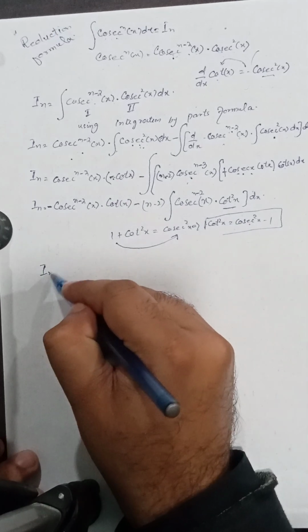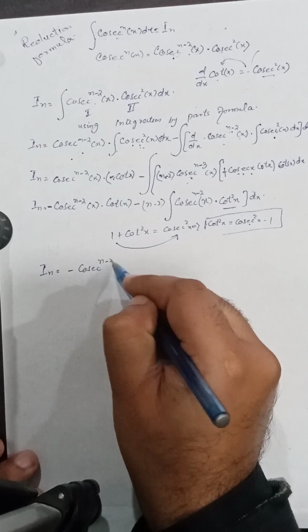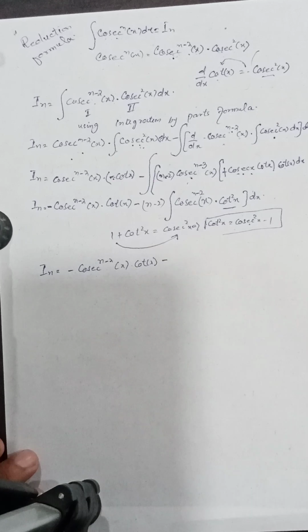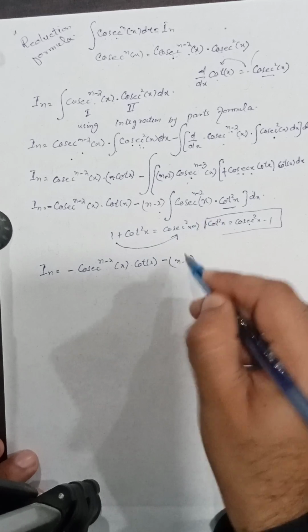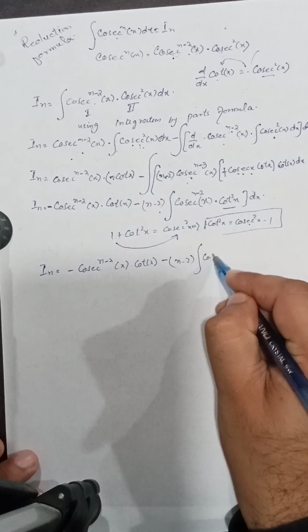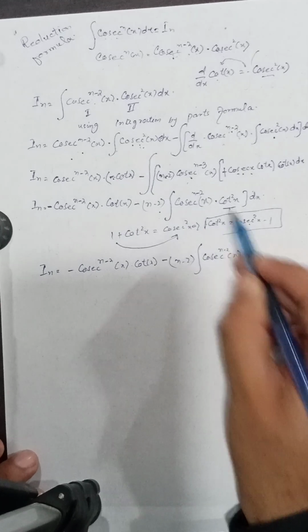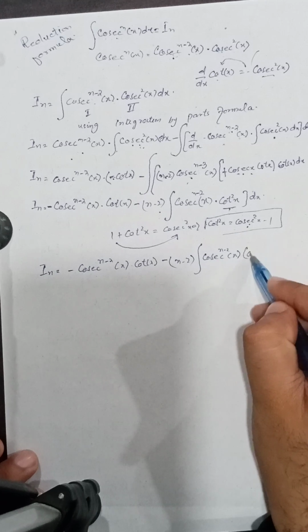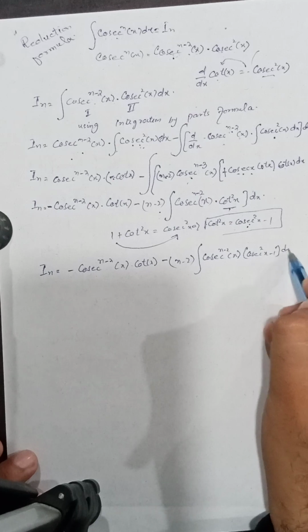So I_n is equal to minus cosecant^(n-2) of x with cotangent of x, minus (n-2) times the integral of cosecant^(n-2) of x, and cotangent squared of x is equal to cosecant squared of x minus 1.